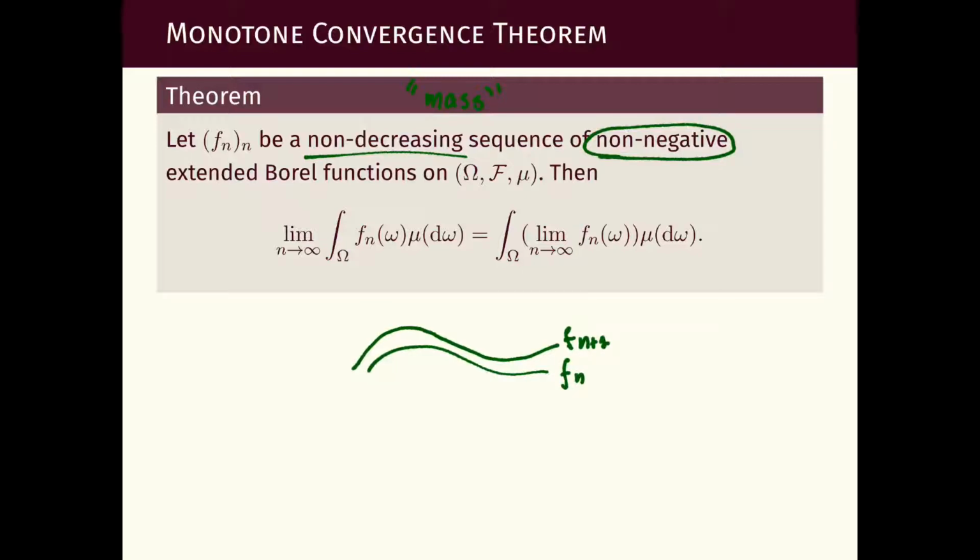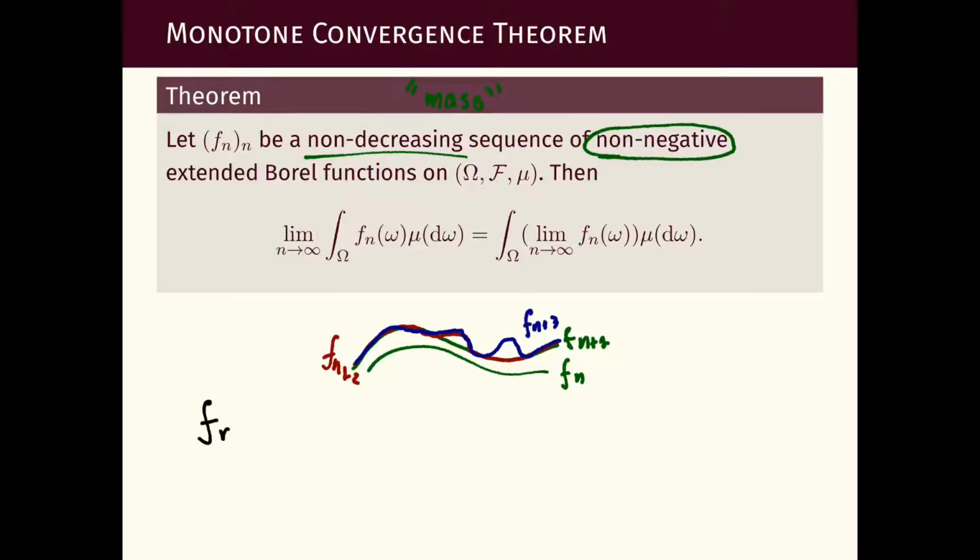Then we have maybe some slightly larger function, fn+2. And then perhaps some even larger function, fn+3, and so on. And so these are increasing. And well, increasing sequences of numbers, they always have a limit. Likewise, increasing sequences of functions, they always have a limit.